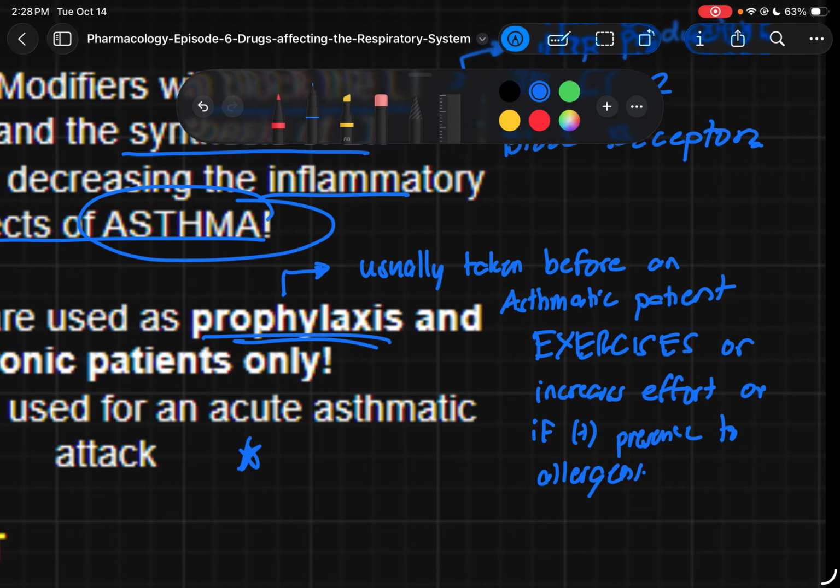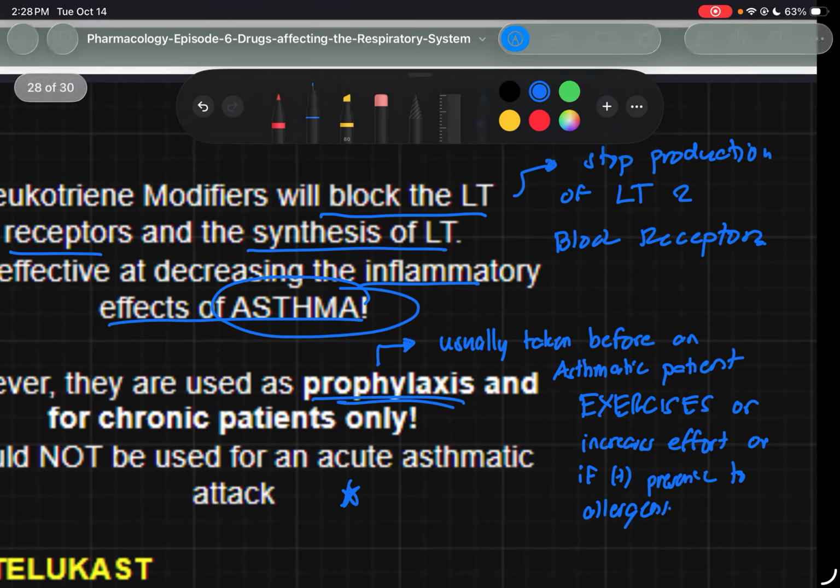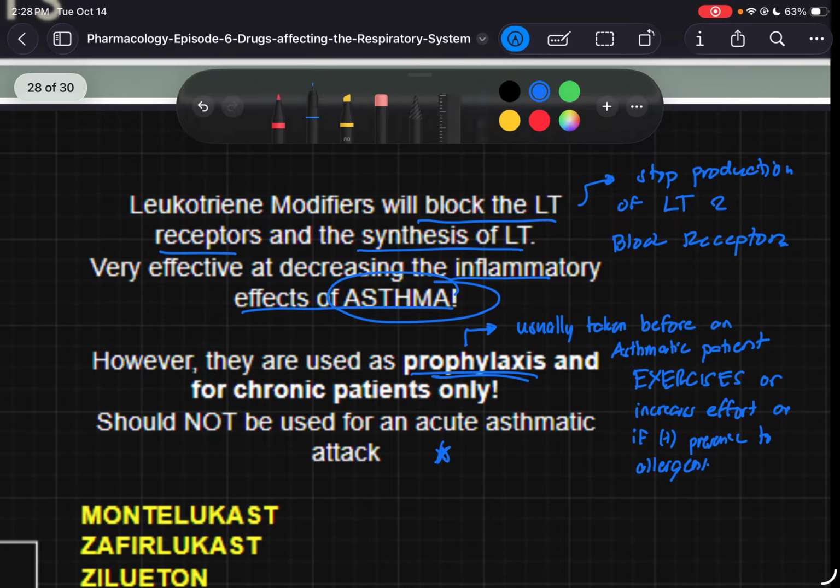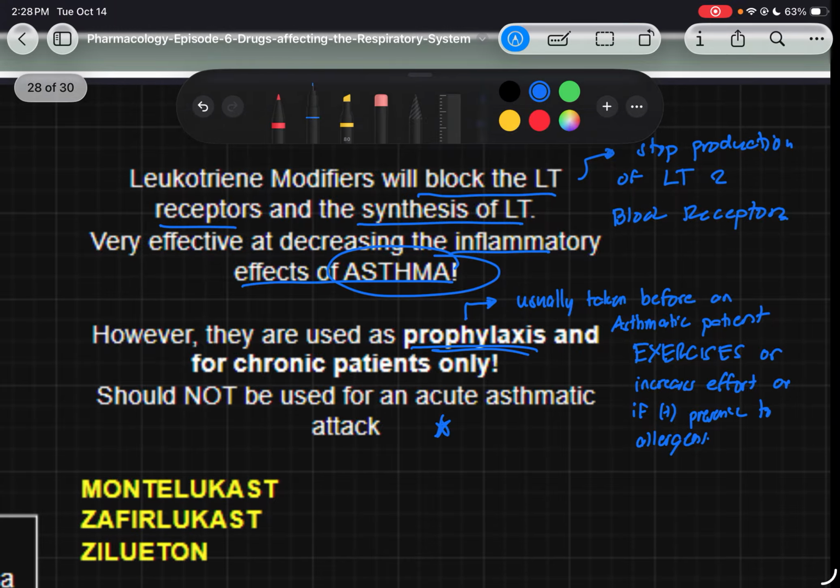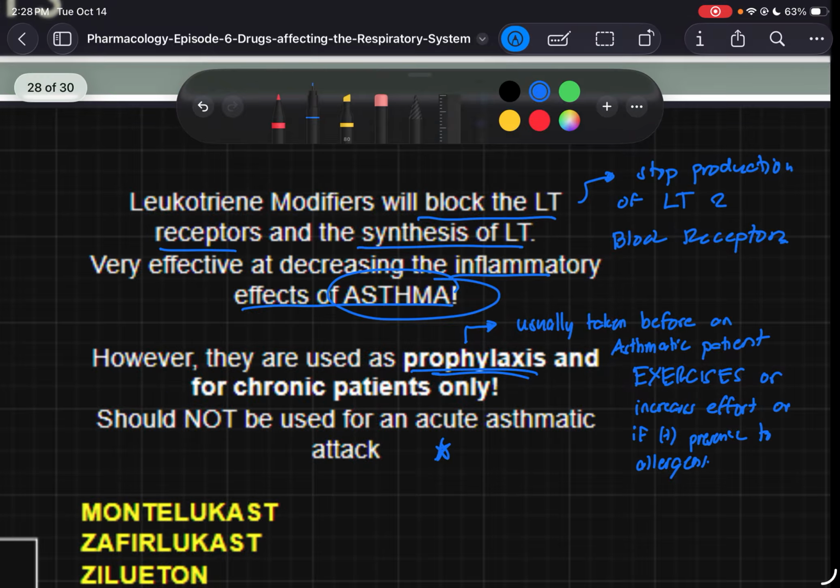No? Or let's say, for example, if I am about to go to a dusty place, a bukid na lugar, there is a very high chance that I will get an allergen and trigger my asthma attack. No? So, typically, what I need to do is I will need to take a leukotriene modifier because this is a prophylaxis.